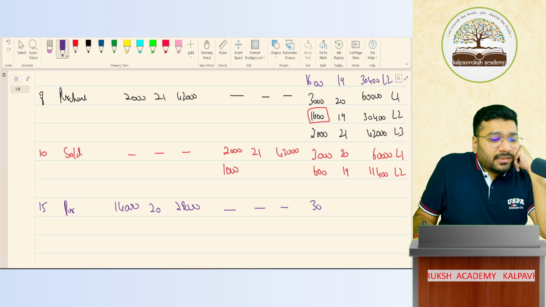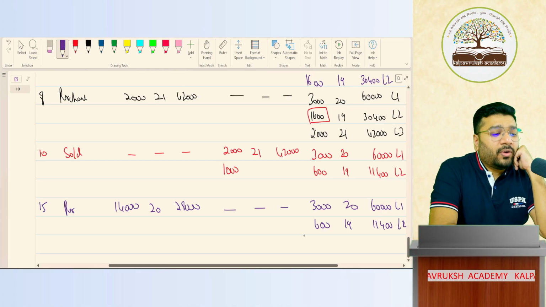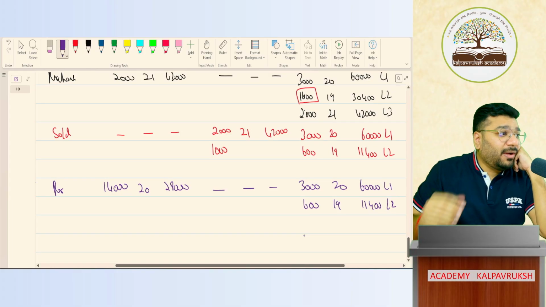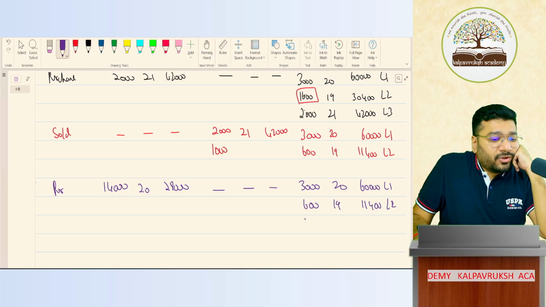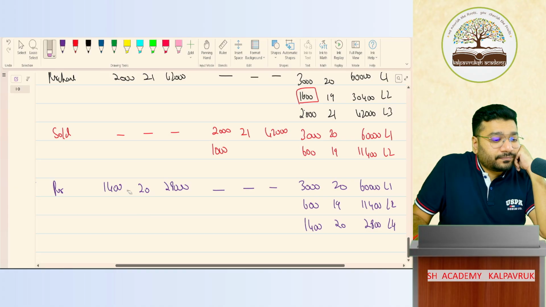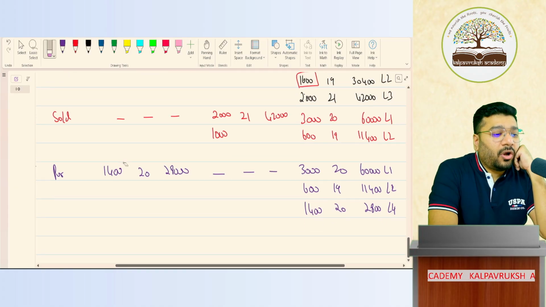So 3,000 is L1 into 20, 60,000. 600 into 19, 11,400, L2. Shall I name this L3 or L4? Let's make it L4. So 1,400 into 20, which is 28,000, is L4.